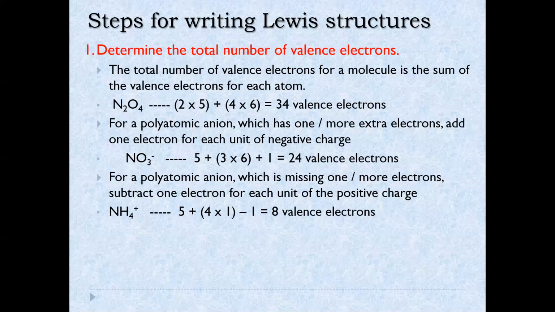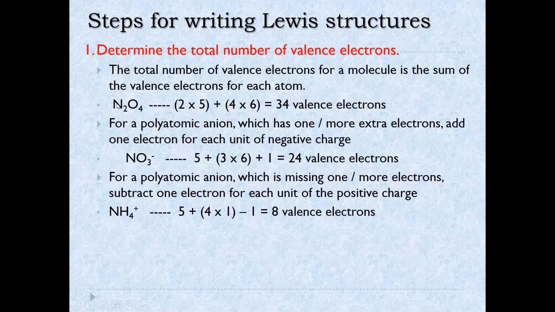Number one, you determine the total number of valence electrons. That's the first step. When you write Lewis structures, you have to pay close attention to this step.